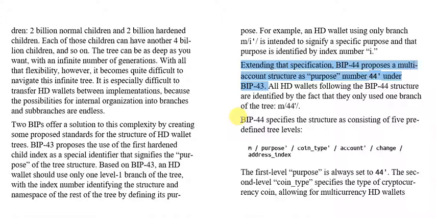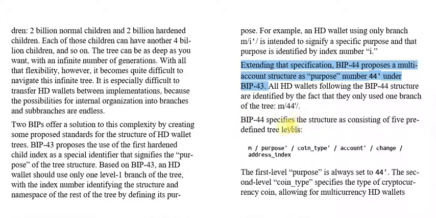BIP 44 specifies the structure as consisting of 5 predefined tree levels: m/purpose'/coin_type'/account'/change/address_index. The first level, purpose, is always set to 44'. The second level, coin_type, specifies the type of cryptocurrency coin, allowing for multi-currency HD wallets where each currency has its own subtree under the second level.